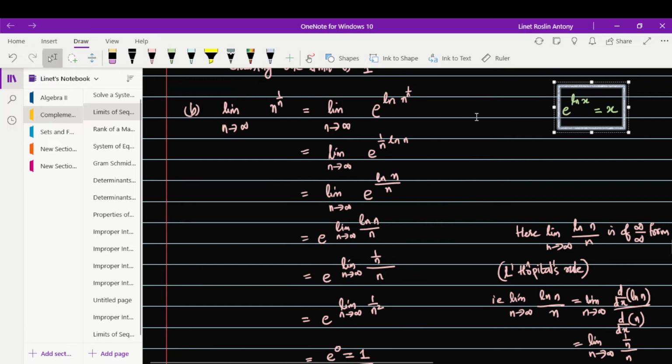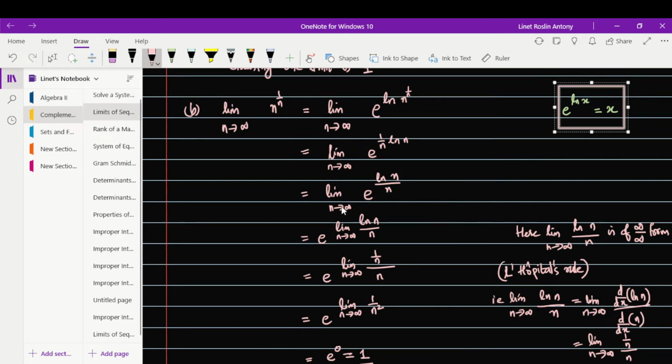Here, instead of n raised to 1 by n, we write e raised to log of n raised to 1 by n, which is nothing but n raised to 1 by n using this property. And log of n raised to 1 by n can be written as 1 by n log n, which is nothing but log n by n. So here you have the limit as n tends to infinity of e raised to log n by n.